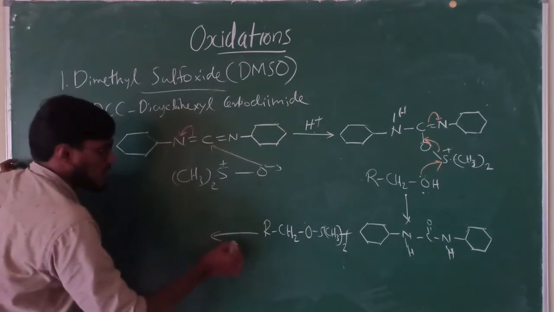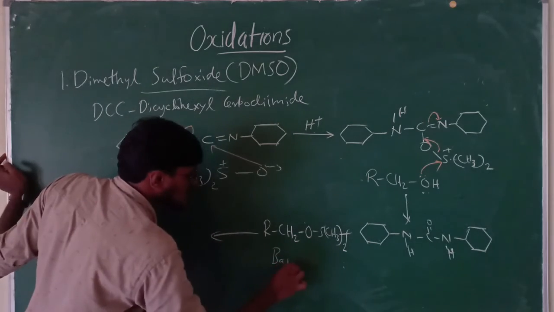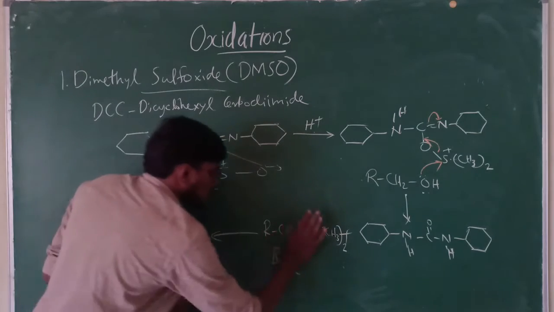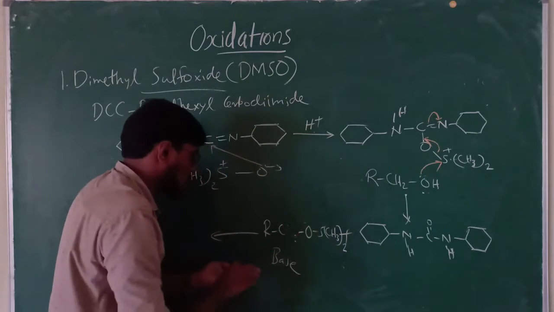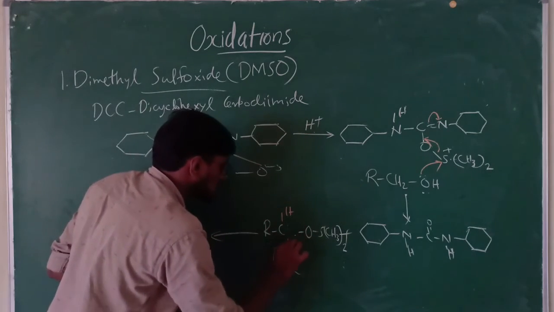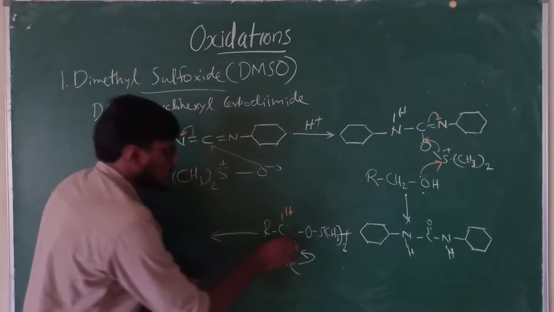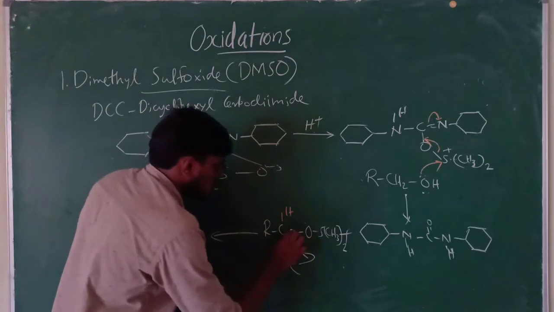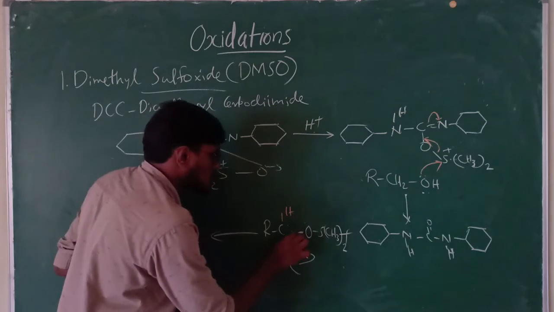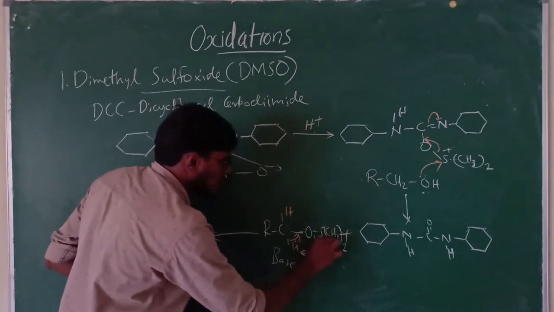In the next step, a base abstracts a proton from here, here two protons, a base can abstract one of the protons, and this bond moves towards this one and this bond cleaves.